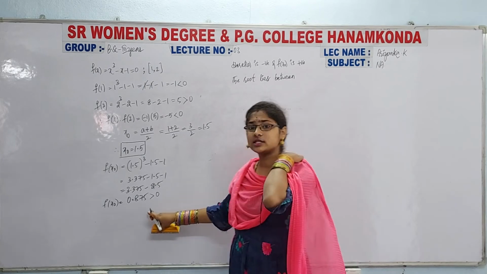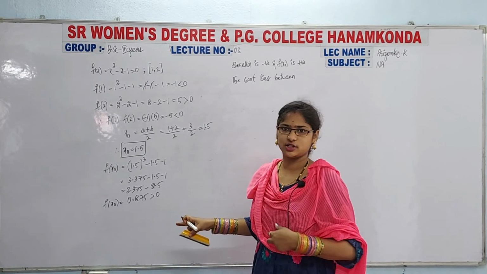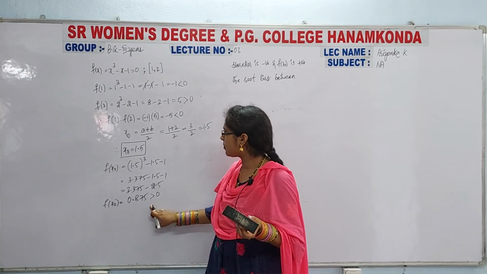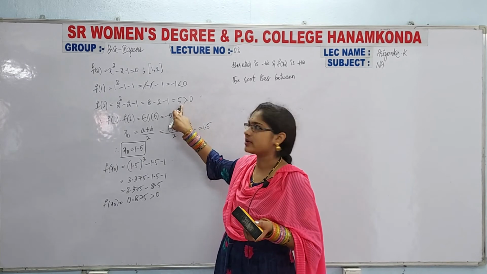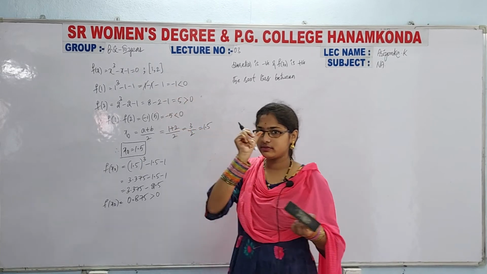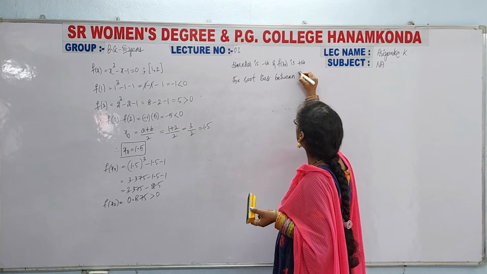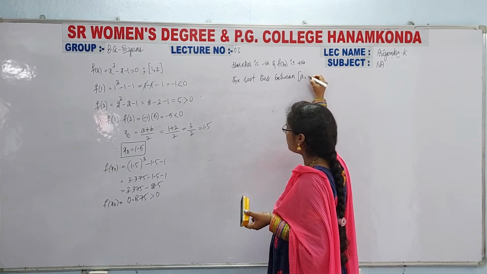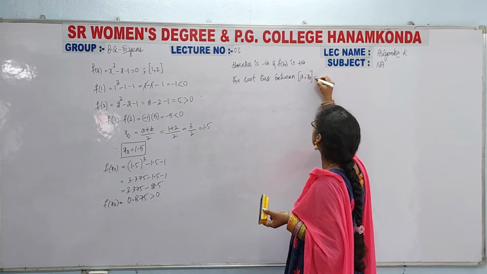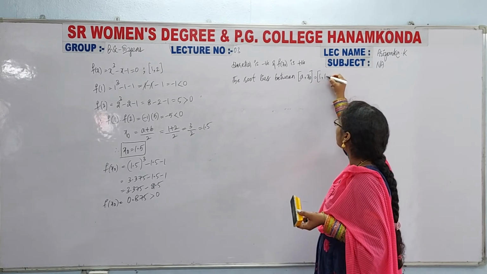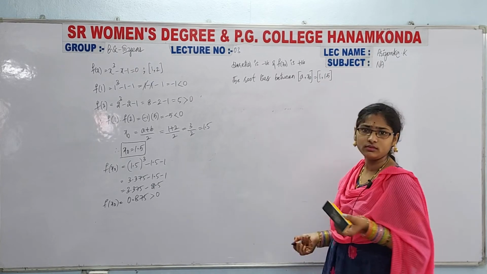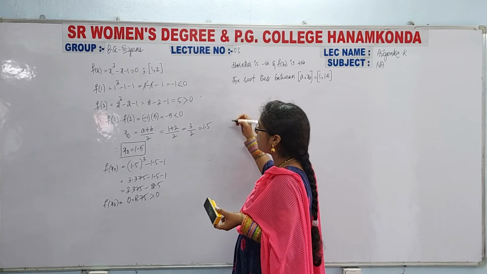So now here, is it positive or negative? Positive value, right? So now you have to ignore this one and take one negative and one positive. So that's why the root lies between a comma x naught. What is the a value here? 1 comma 1.5.